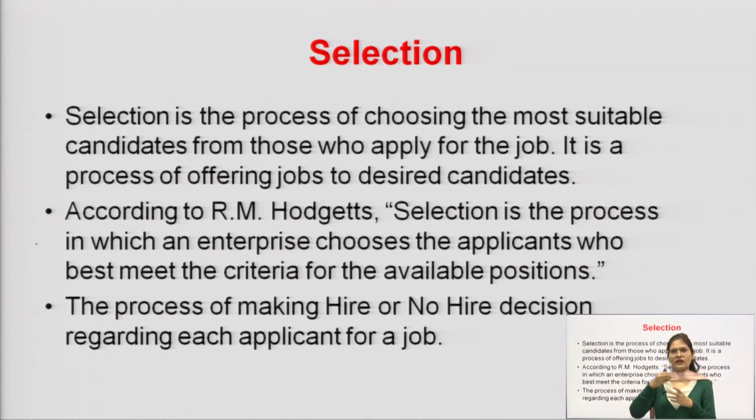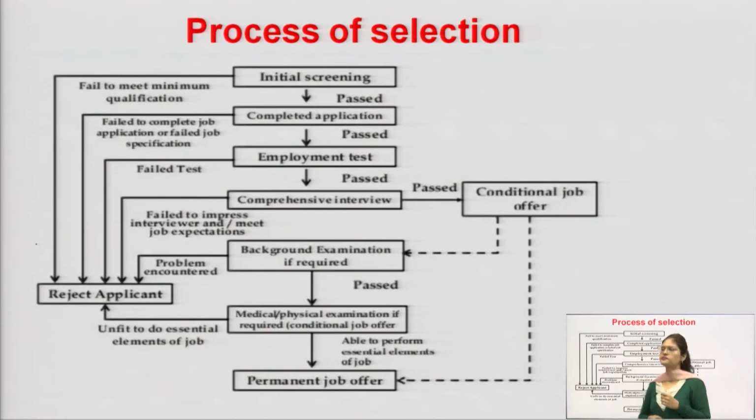Why can we call it negative? Because elimination is involved. That's why we say that recruitment is a positive process, because there is no elimination from the organization side; they just attract the people for the vacant position. But selection is the process where, from the very beginning, they start eliminating people just to get the best one. That's why we call it a negative process.